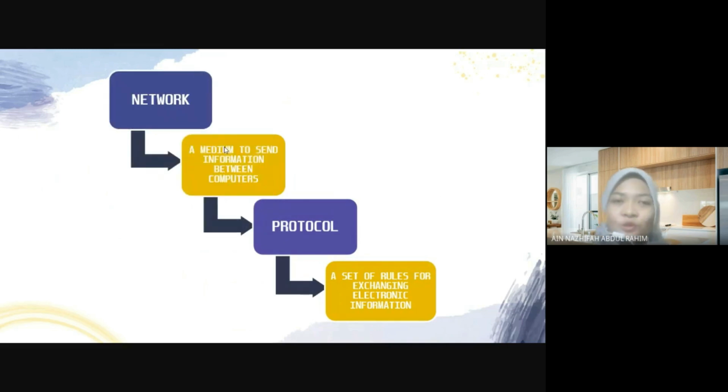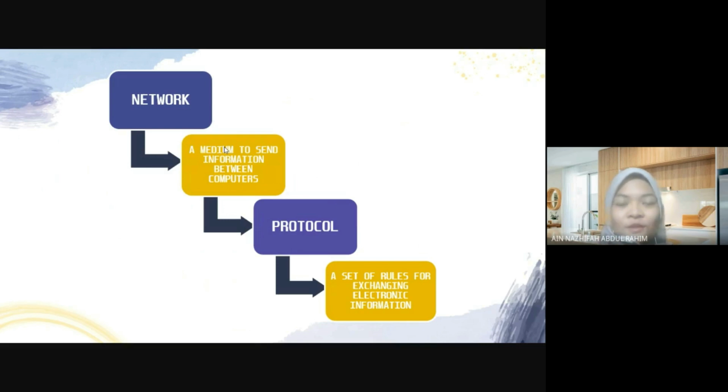In this topic, there are two important things that you need to know: in data transmission, you have network and also protocol. So what is network? Network is a medium to send information between computers, while protocols are a set of rules for exchanging electronic information.